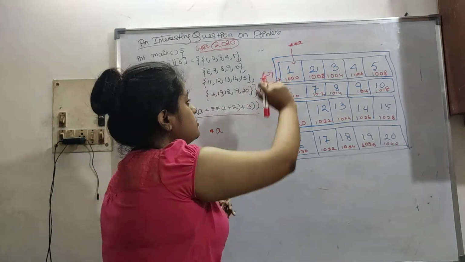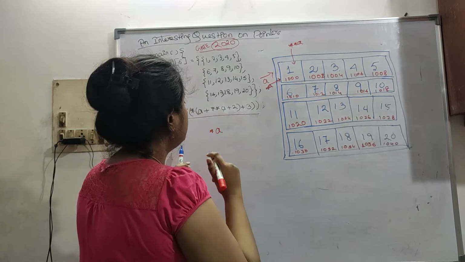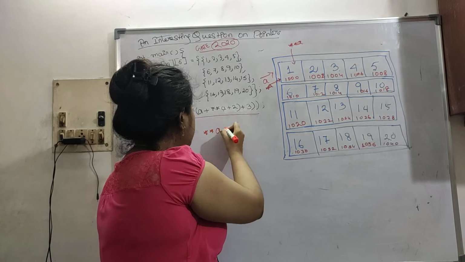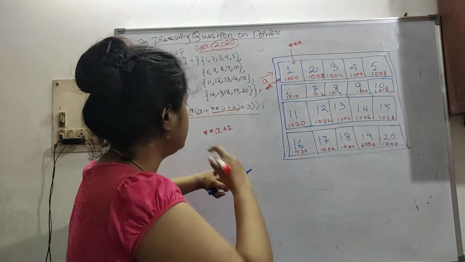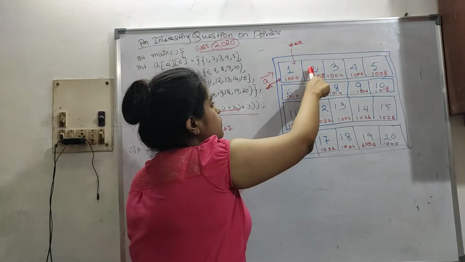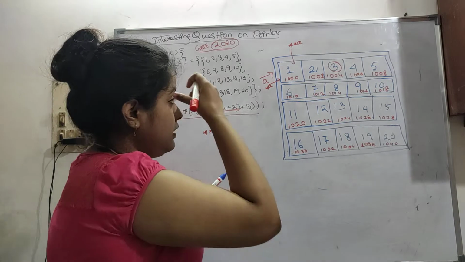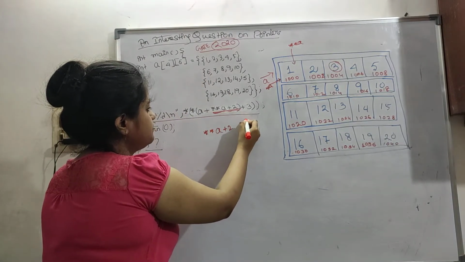Since it is a 2D array, two stars are used. Now plus 2 means *a + 2. I am evaluating this first. *a + 2 means 1 2, so we are pointing here, at 3. This is nothing but a replacement by 3.